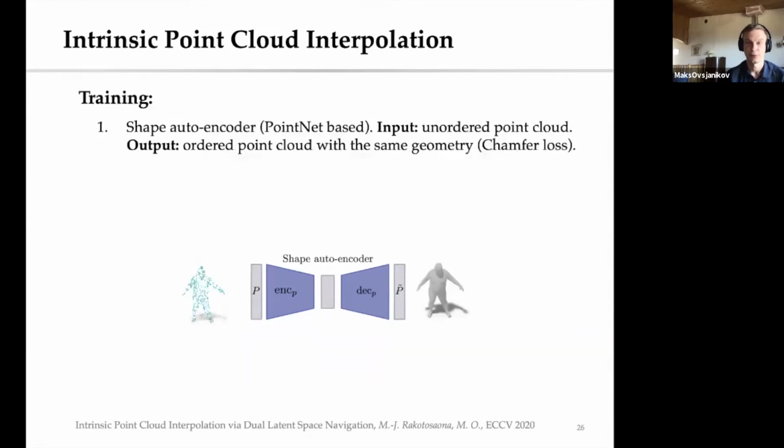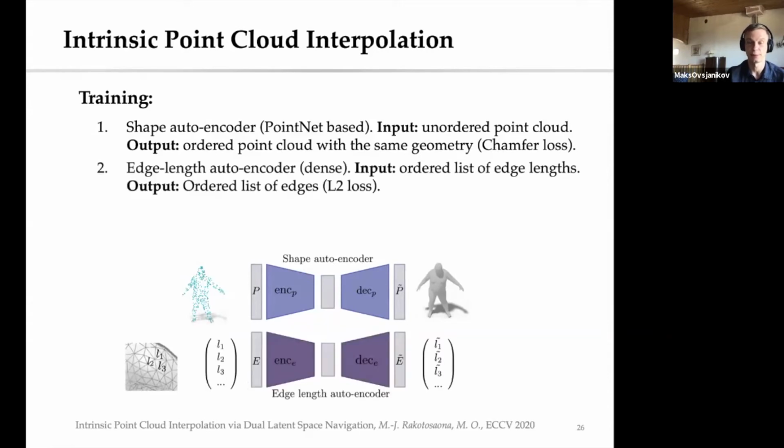We first train a simple autoencoder network in the same way as I just described, a PointNet based approach. The input is an unordered collection of points. The output is an ordered point set. Then we train in parallel another autoencoder that takes a set of edge lengths and tries to encode them in some latent space.